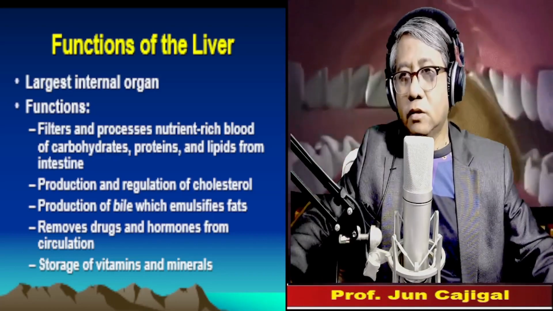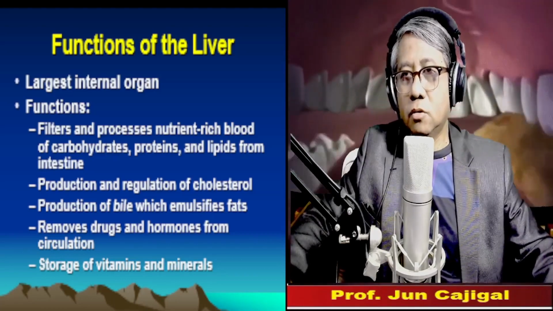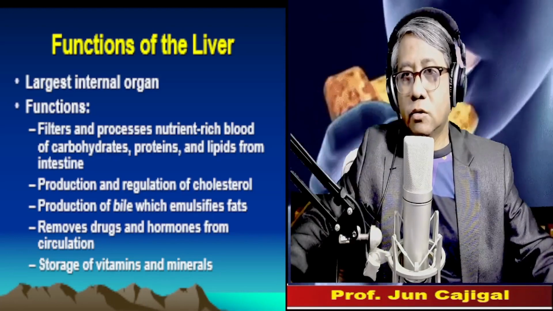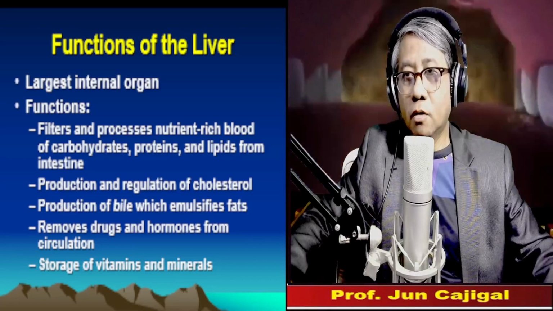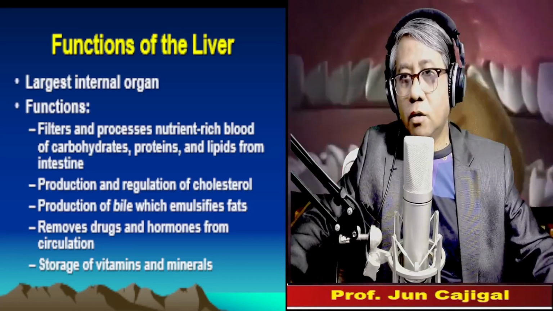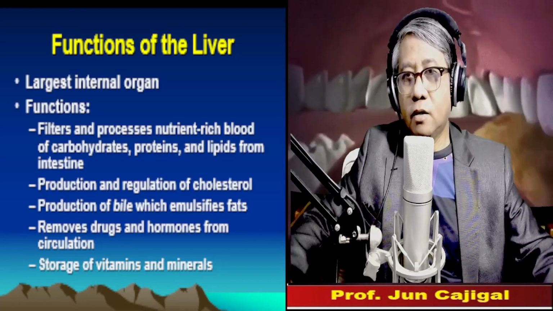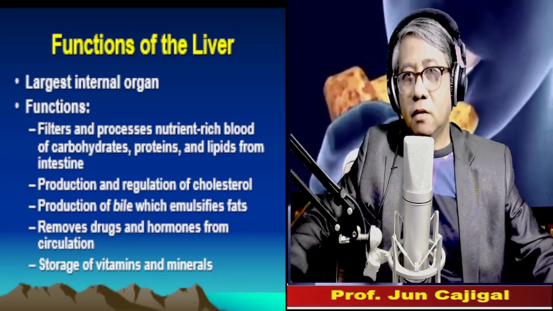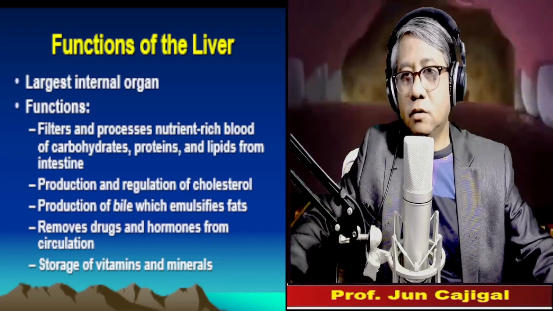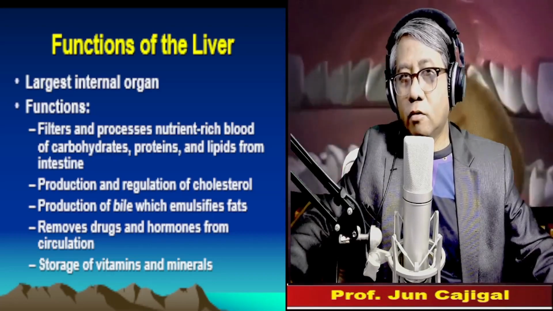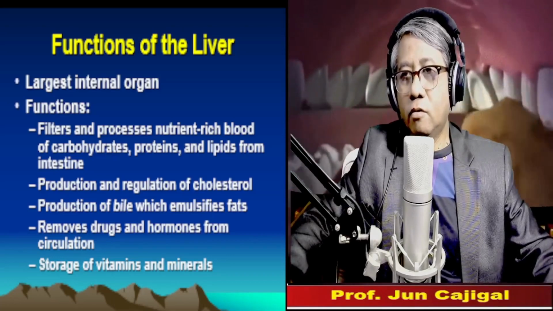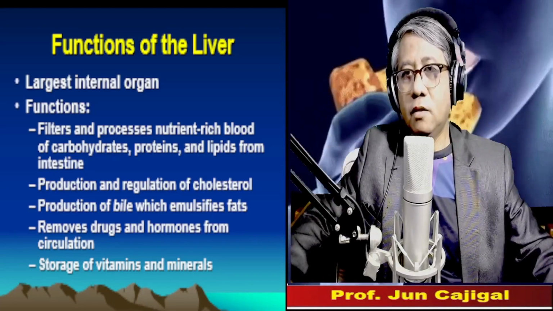The liver is involved in the production and regulation of cholesterol. The liver is also involved in the production of bile, which emulsifies fats, which aids in the digestion of lipids. The liver also removes drugs and hormones from the general circulation, and the liver is involved in the storage of vitamins and minerals.